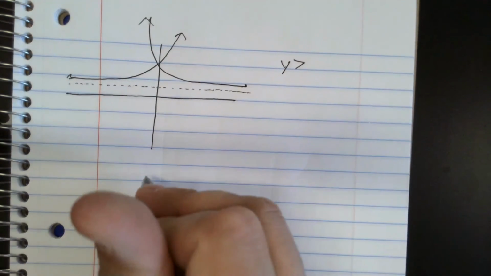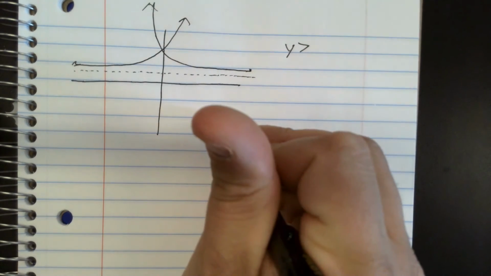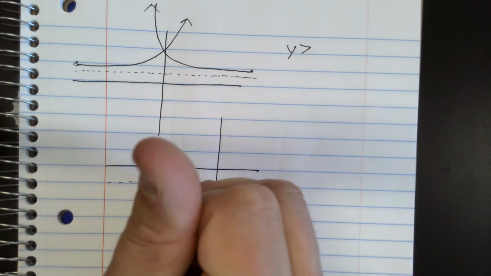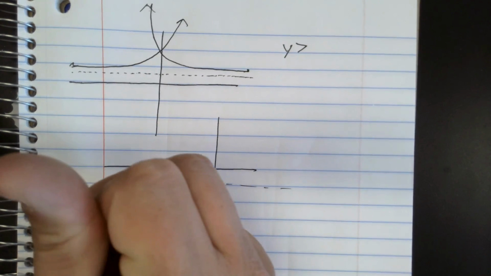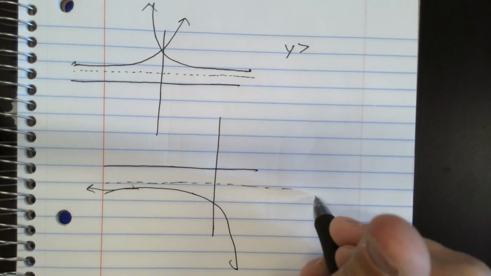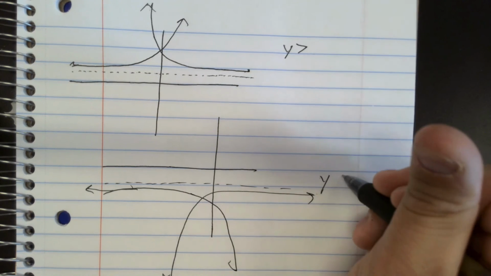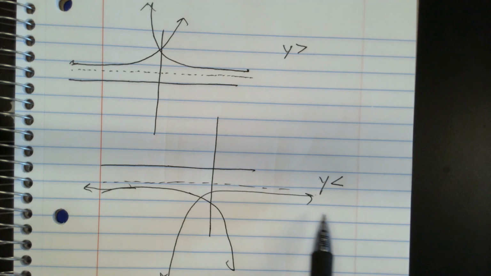If our graph looks like this, and our dotted line's right here, and one thing looks like this, it's not going to bend like that, or like this, this is y is less than wherever it crosses the y-axis. Okay?